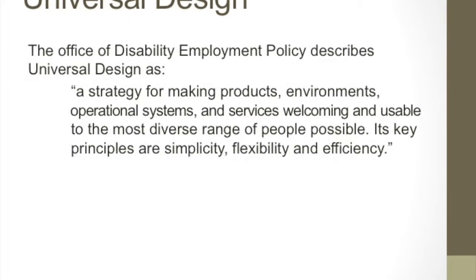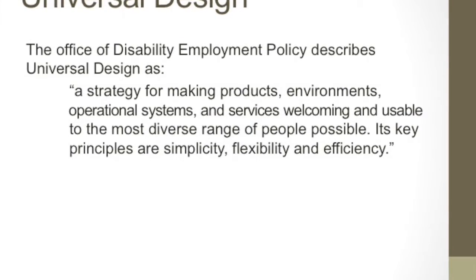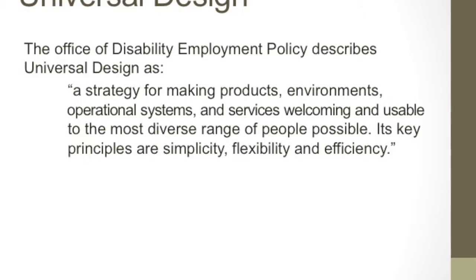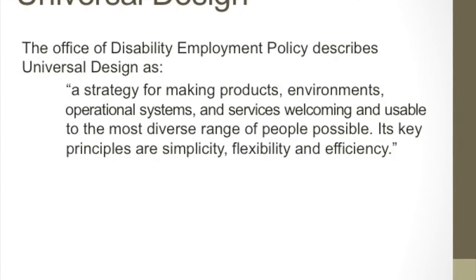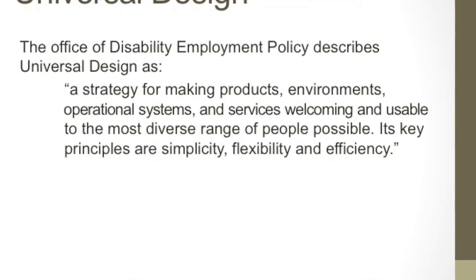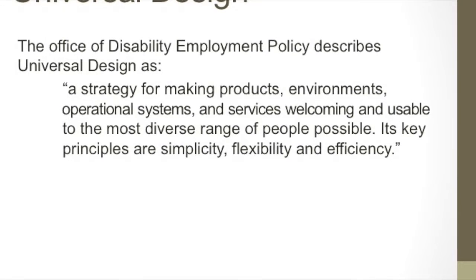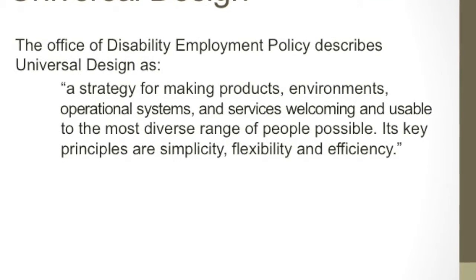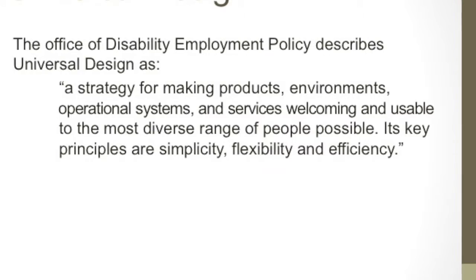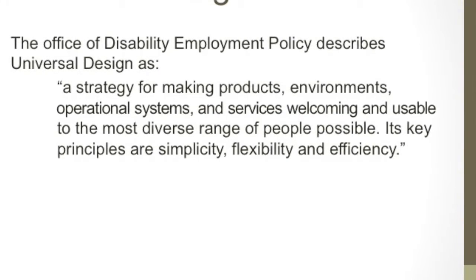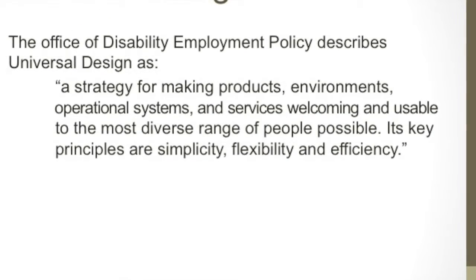The Disability Employment Policy describes universal design as a strategy for making products, environments, operational systems, and services welcoming and usable to the most diverse range of people possible. Its key principles are simplicity, flexibility, and efficiency.